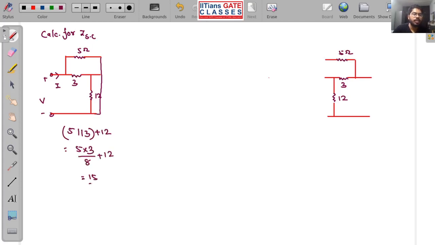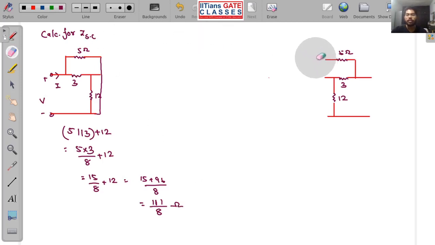So 15 by 8 plus 12. So this is 15 plus 96 by 8. So this will be 111 by 8.